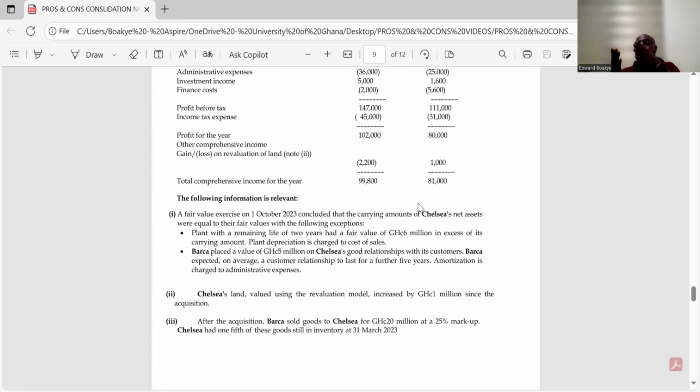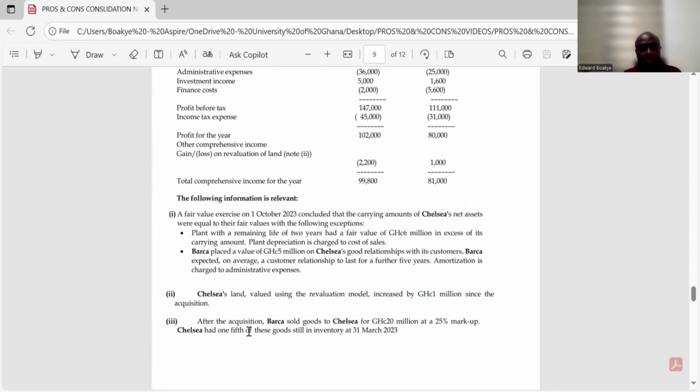You may decide to either capture it in the net asset schedule or not, because this one will only be shared between the parent and the NCI. And if we decide to solve this question, I will let you know how you are supposed to treat this as well.